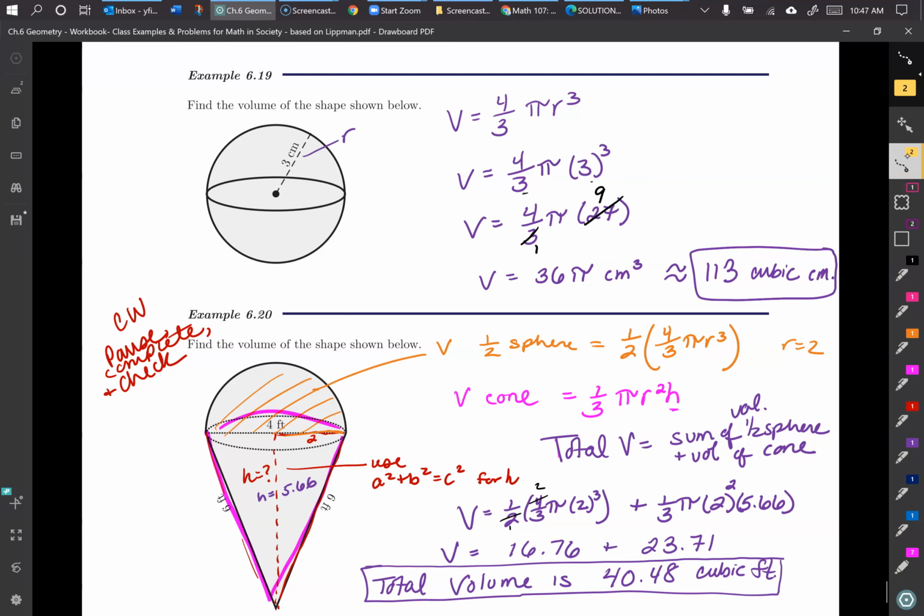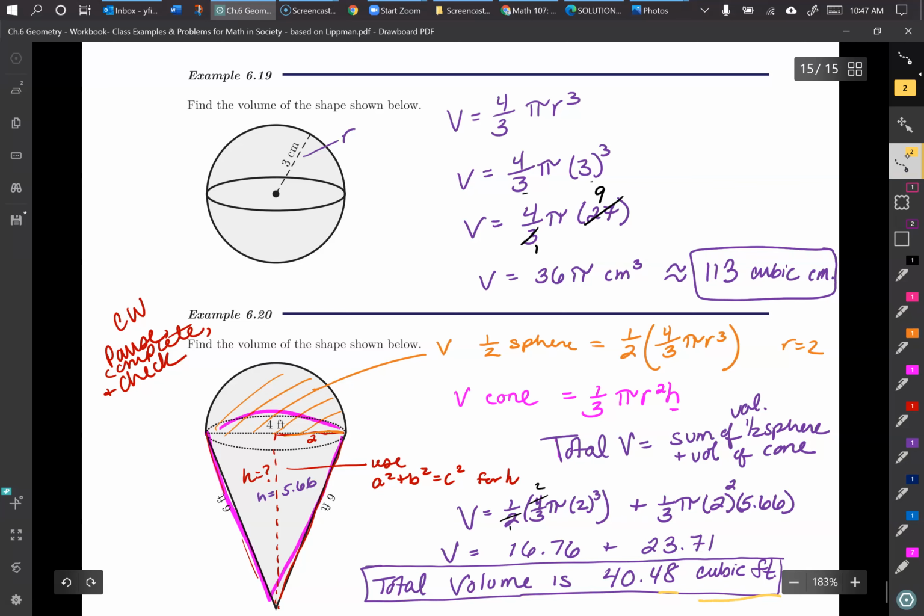So it's a different technique you're using. So we have 23.71. The Pythagorean Theorem, I got my height same way I did with the triangle though, and that came out to 5.66. You can look back at the steps for that if you need them. Total volume comes out to be 40.48 cubic feet.